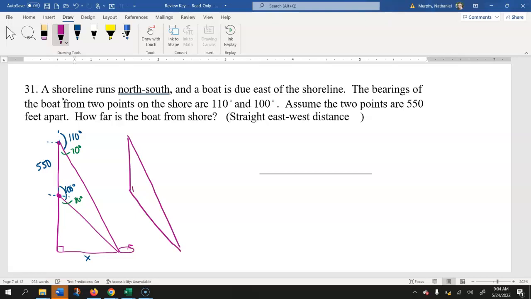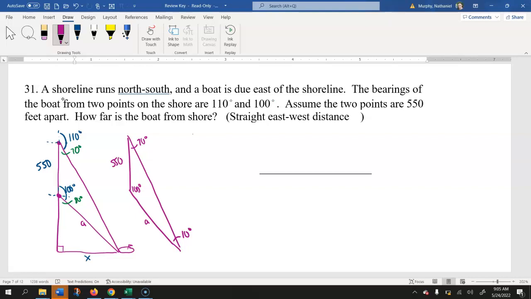We know this angle is 100 degrees, this angle is 70 degrees, and this side is 550 feet. If these two angles total 170 degrees, that means this angle down here is 10 degrees. I'm going to call this side A. I can figure out that side of my right triangle using the law of sines.